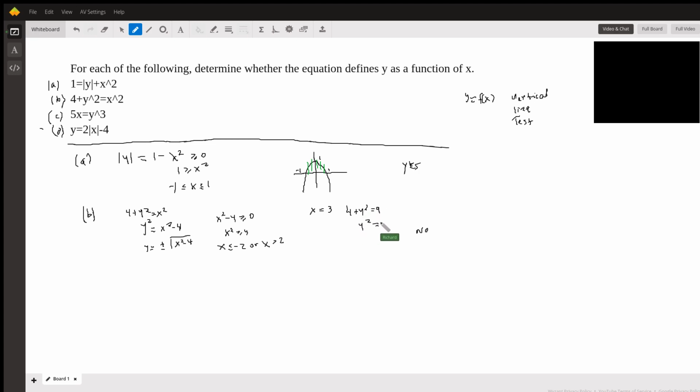Y squared is equal to 5. And so y is equal to plus or minus the square root of 5. So for a given input of 3, you're getting two different values for y, and so this will fail. Let's move on to C. So this is a big no.